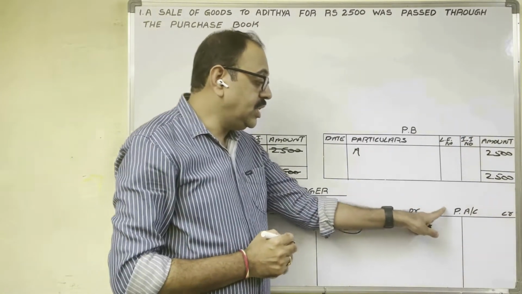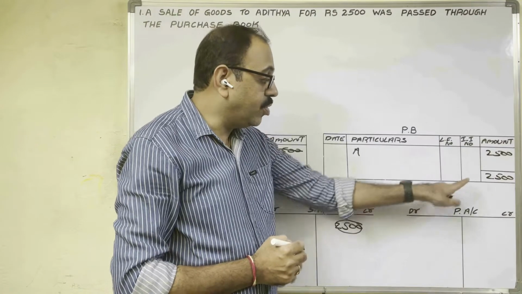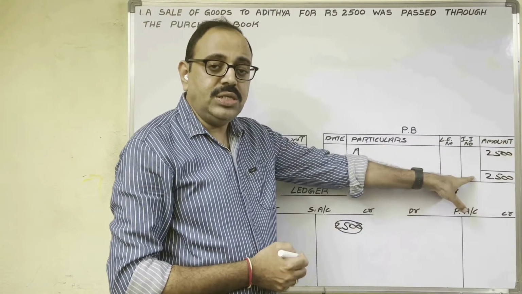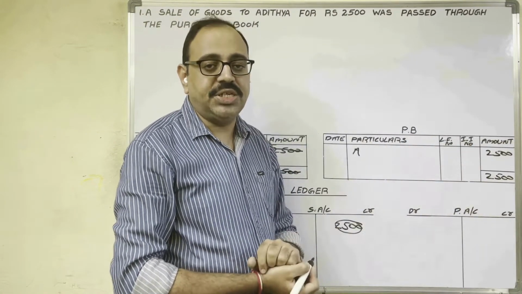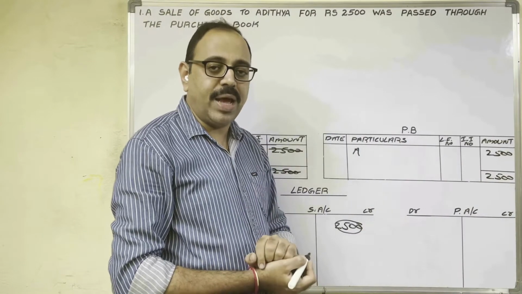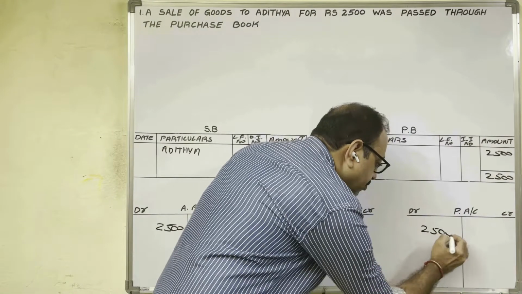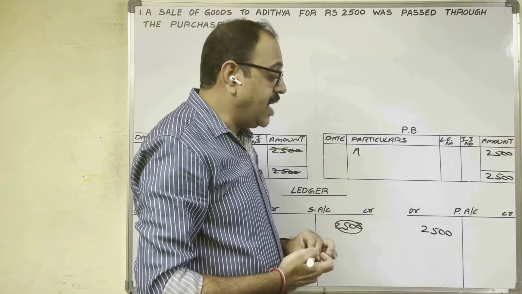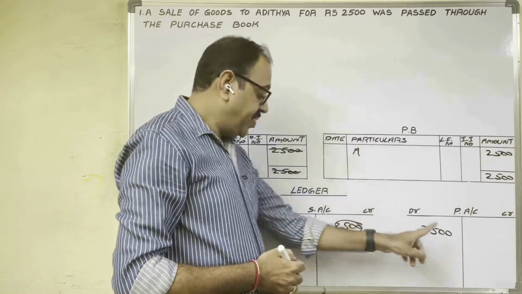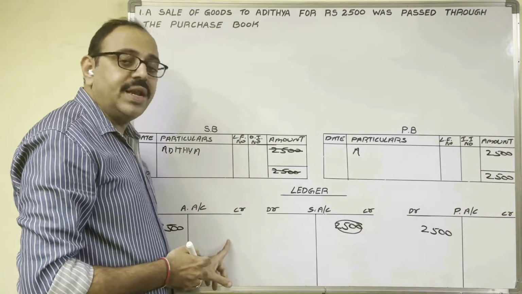Wrongly in purchase account on debit side we posted this amount because purchase is an expenditure. Expenditure shows a debit balance. So in purchase account they debited 2500 and as purchase account is debited, Aditya account they credit.